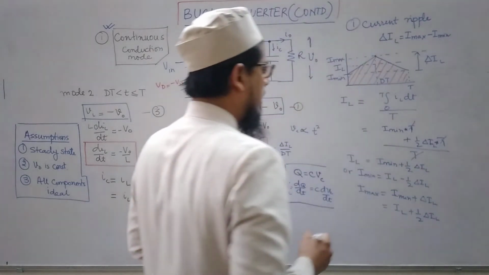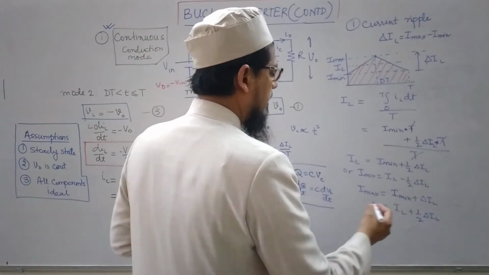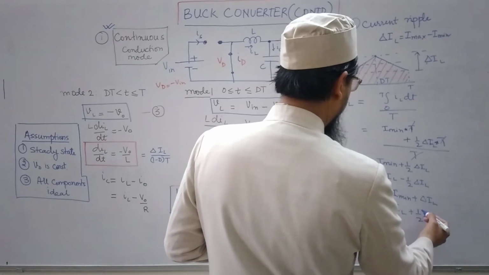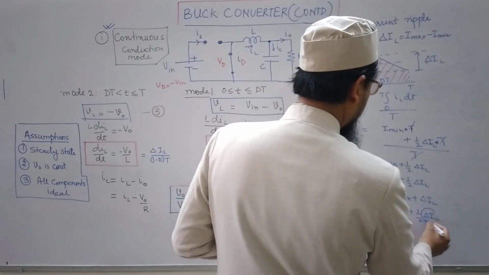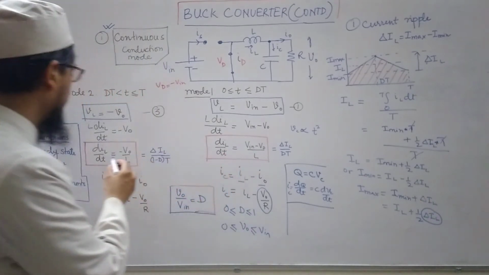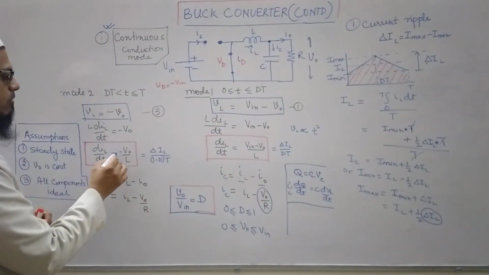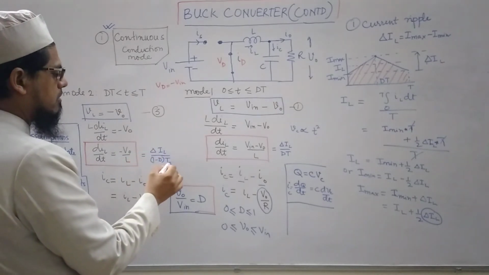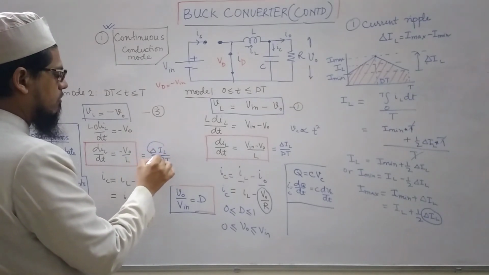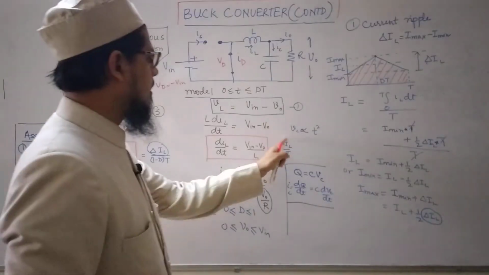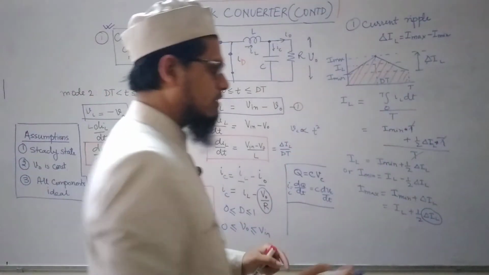Again, in place of this delta IL, just see here, dIL by dt equals minus V naught by L, and this is equal to delta IL by (1 minus D) into T. I can write the value of delta IL from here, or I can write from here. I can use any of the expressions.